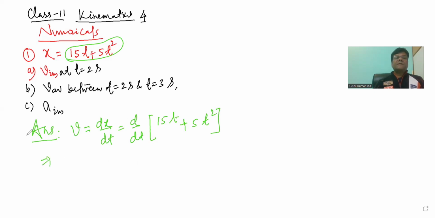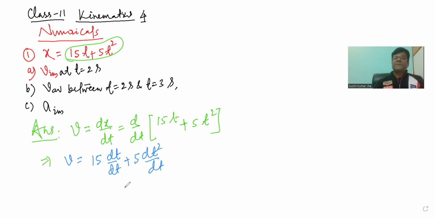When we have more than one term, 15 is constant, so it is multiplied by d upon dt, so it becomes dt upon dt, plus 5 is constant, so it becomes dt square upon dt.